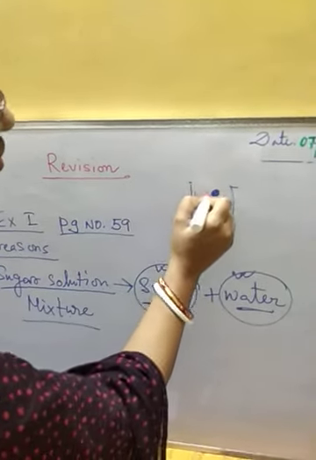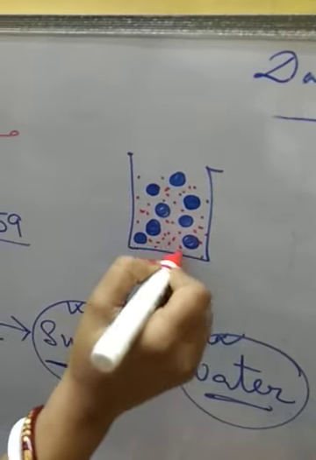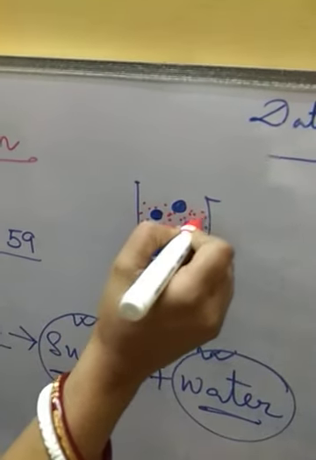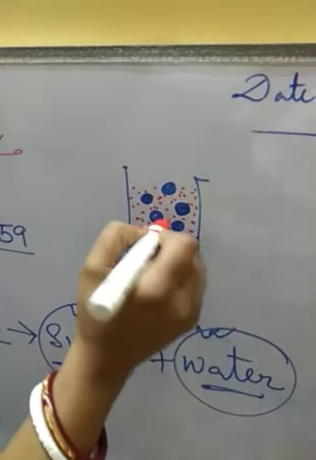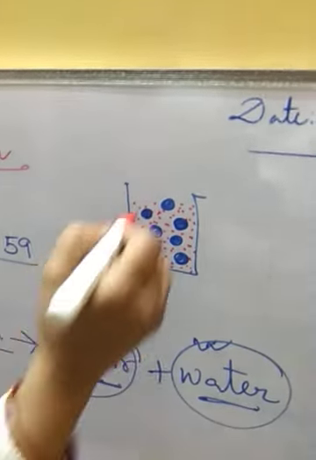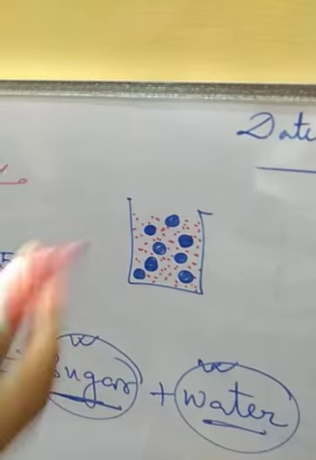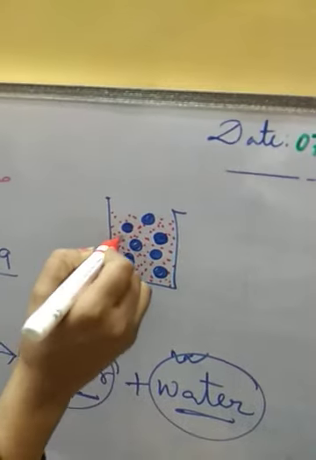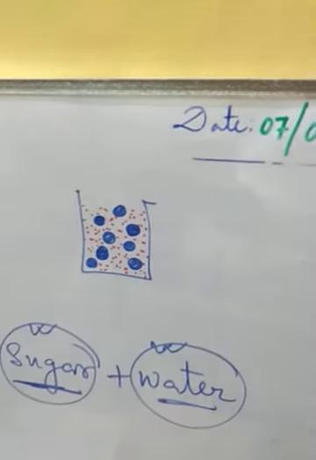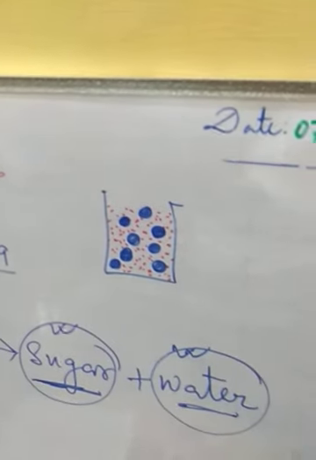This sugar will get adjusted in between the intermolecular space of the water. So it's clear from this that they are not forming any bond. Sugar and water both are present in the mixture individually, not forming any bond between them. That's why sugar and water both are there intact.